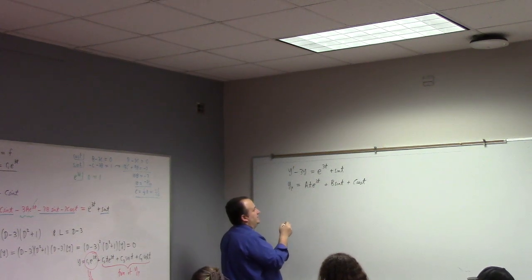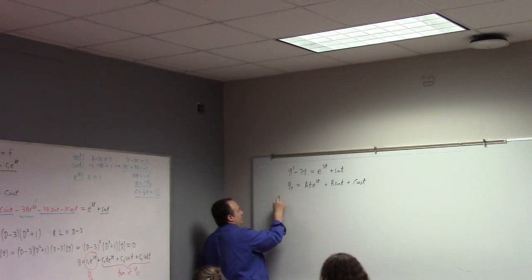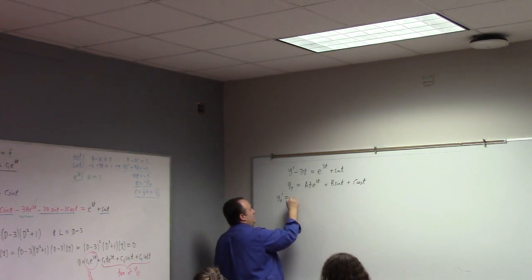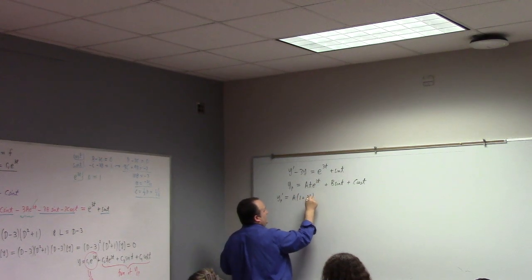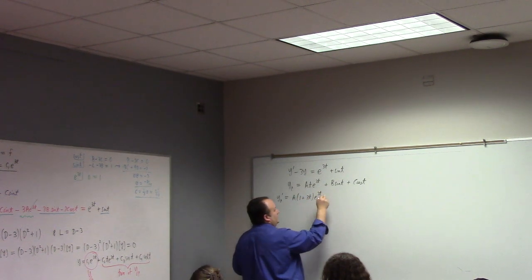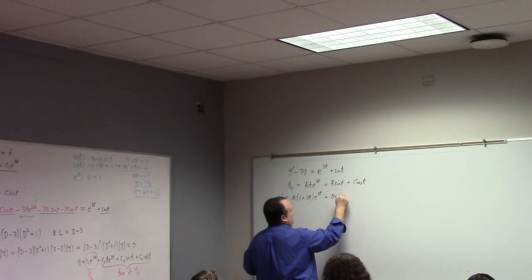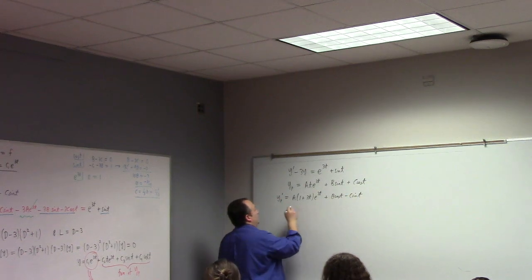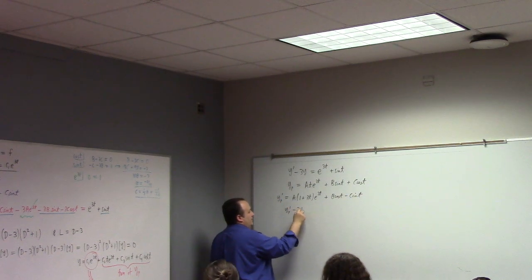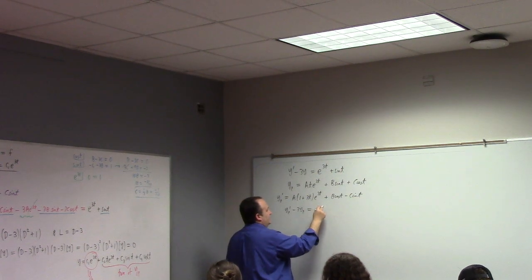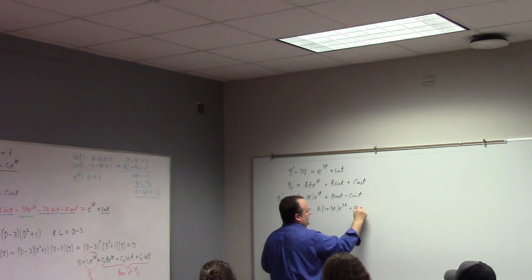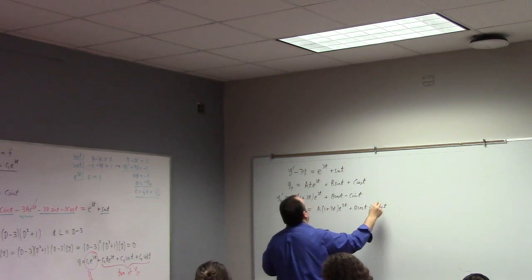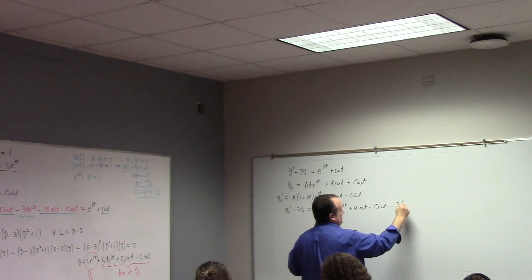We could think of this, okay, fine, I'll just do the math again. yp prime, now we've got the product rule: a times (1 plus 3t) e to the 3t, factoring out the e to the 3t, plus b cosine t minus c sine t. That's my yp prime. And if I look at yp prime minus 3yp, I get a times (1 plus 3t) e to the 3t, plus b cosine t minus c sine t, minus 3yp.